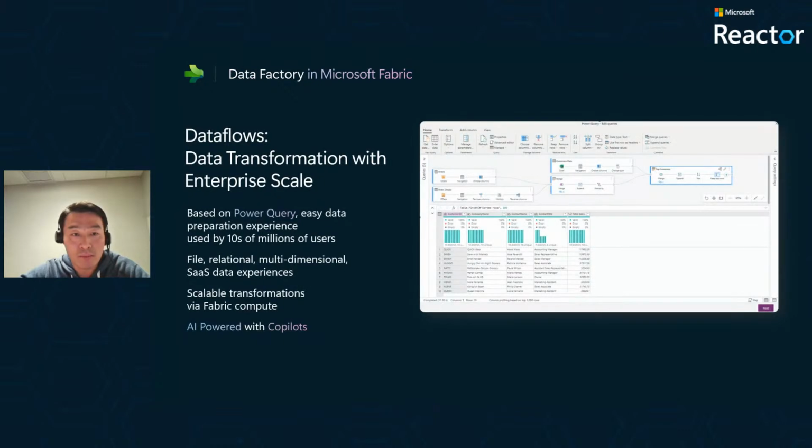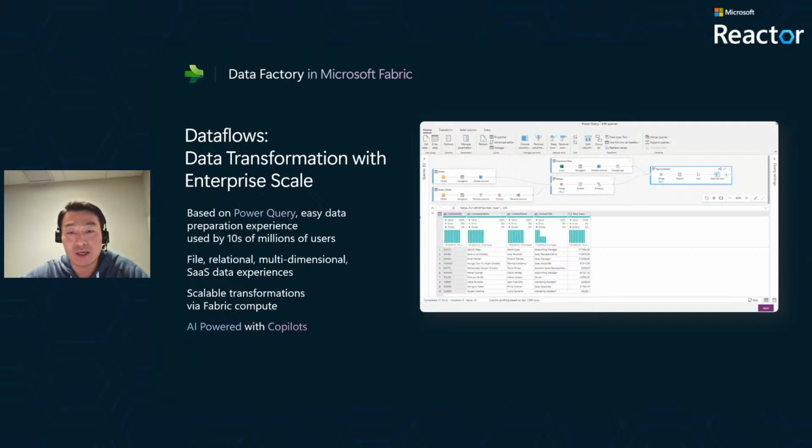The next slide is one more slide to introduce the Dataflow Gen2 tool. Many of you may already know Power Query has been the pillar of our data transformation and data preparation capability in the past many years.